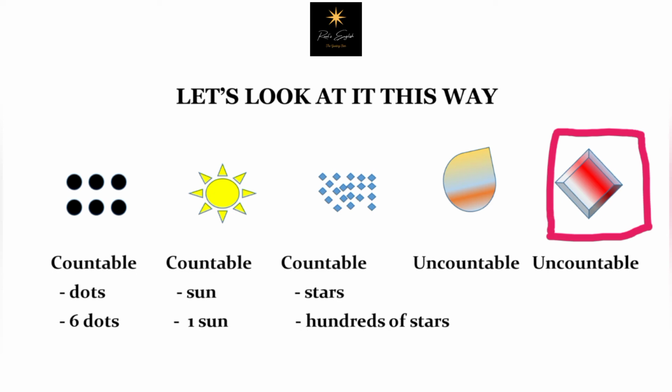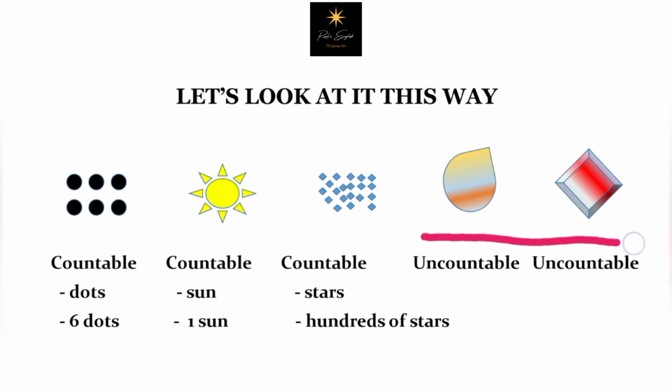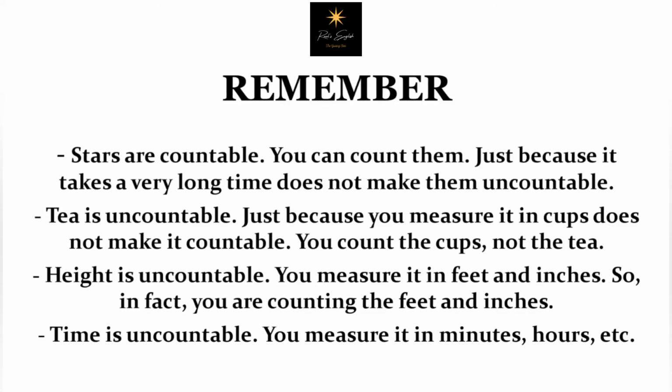All uncountable nouns are singular, but they cannot be plural. So 6 dots, 1 sun, hundreds of stars, and 2 uncountable nouns. I hope these pictures have made it clearer and you never ever get confused as to countable and uncountable nouns.